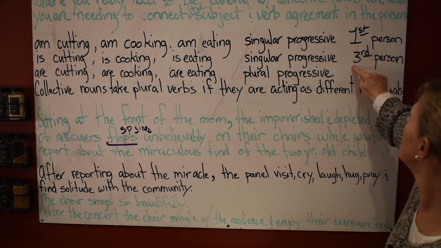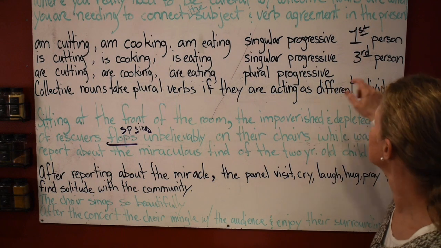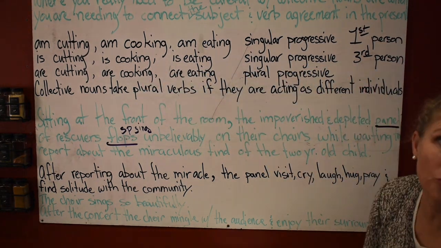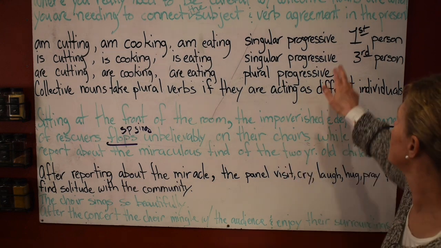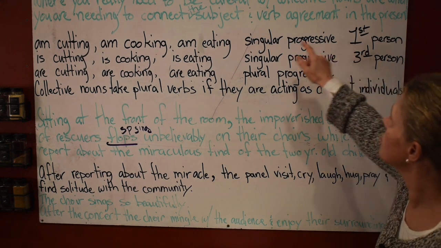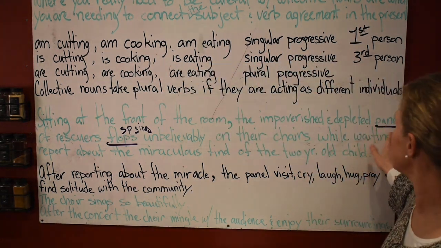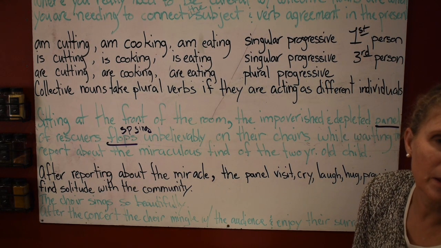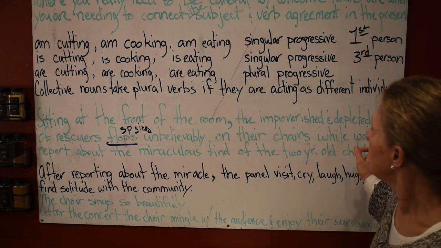No. So you need to really make sure that you're using them in third person right there. That's where you're going to have to be really careful, is with your third person. Don't try to get them mixed up, okay? Doesn't this sound goofy? The panel am.